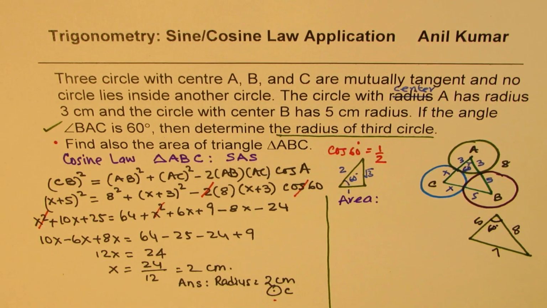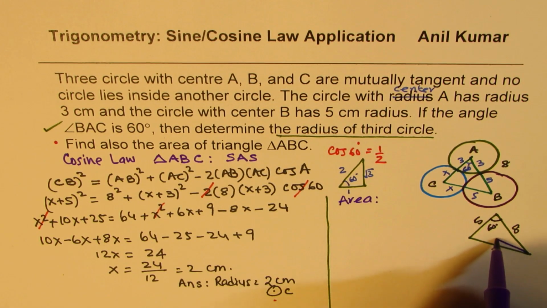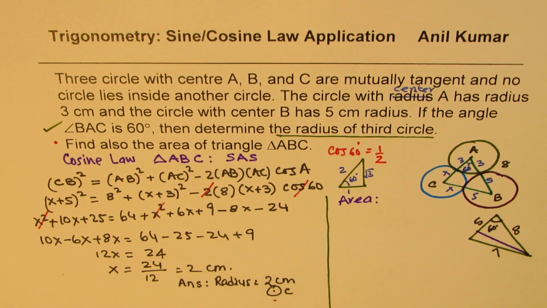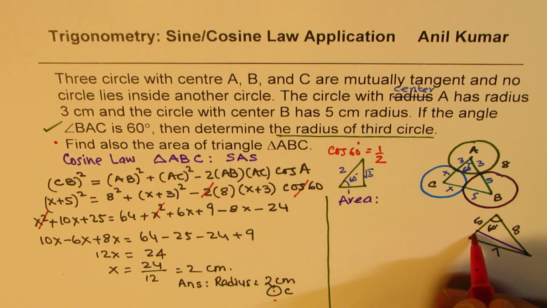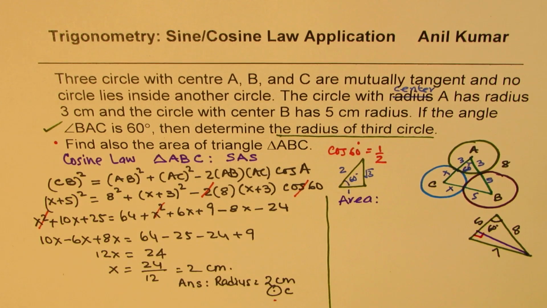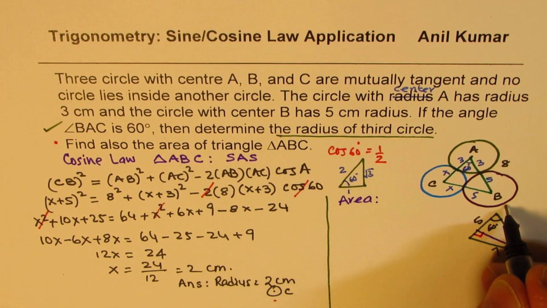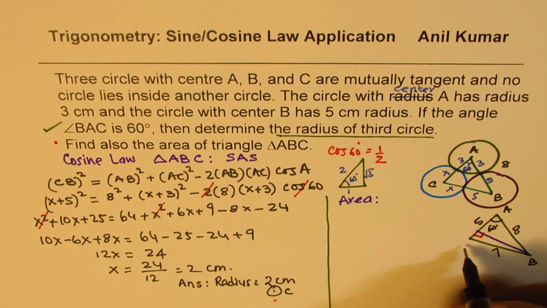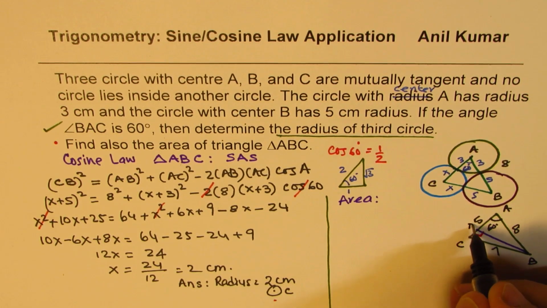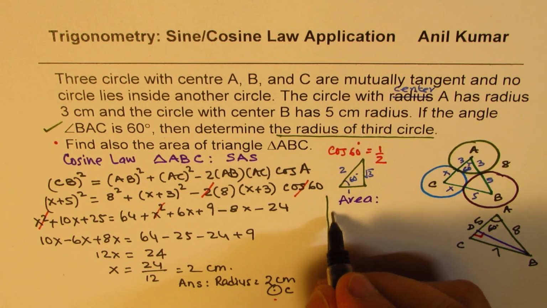So how do you find the area of such a triangle? Well, we need to find the height, right? So if I drop a perpendicular from here, let us see. Then we need to find the height. So let's call these points A, B, C, we know them. Let's call this point D. So what is BD equal to?